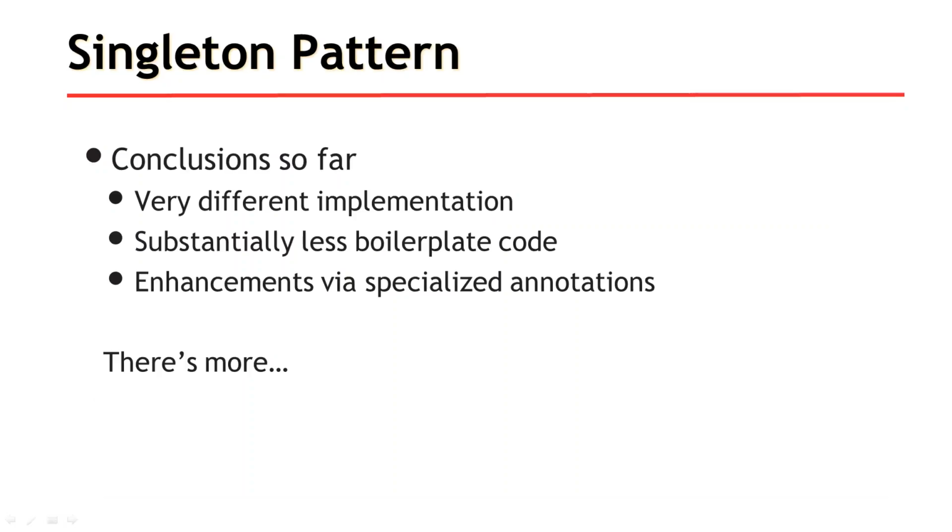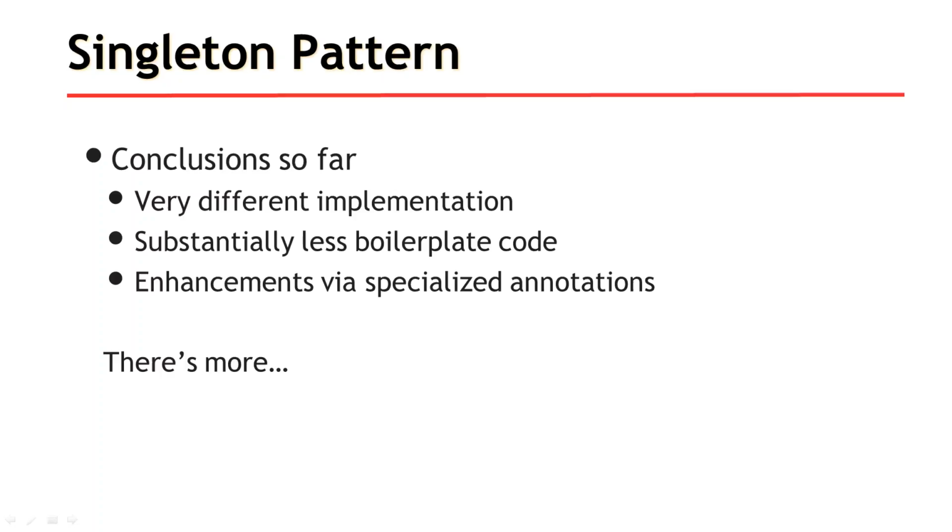Okay, so already we have seen how the Java EE implementation of the Singleton pattern is markedly different to the classical implementation and requires substantially less code to achieve the same results. You have been given more control over when the bean is instantiated, either at application startup or on first use, and you can specify its dependencies on other beans' successful instantiation.